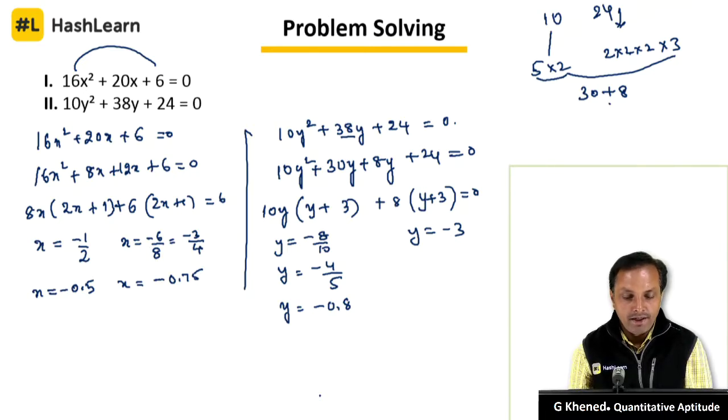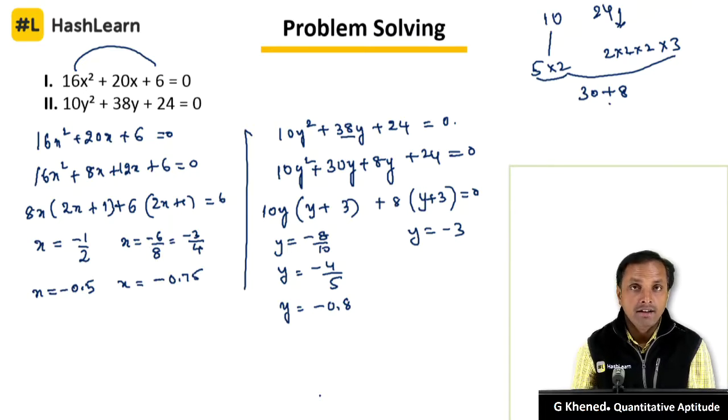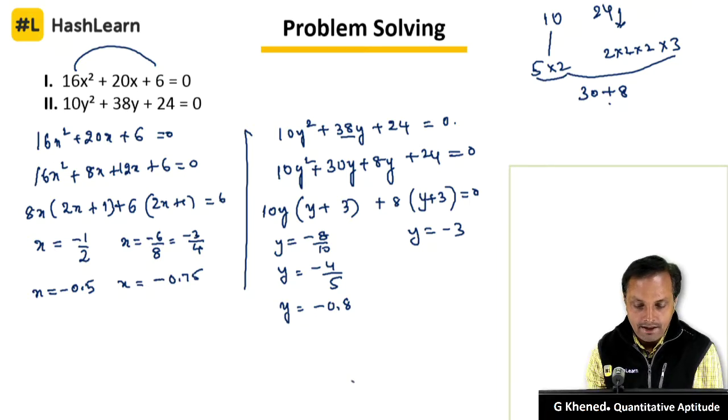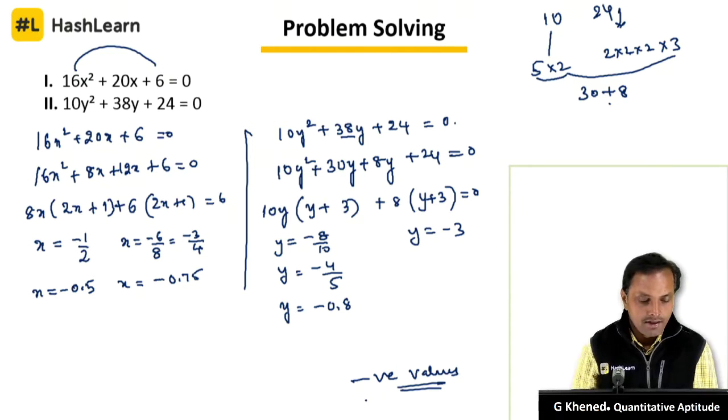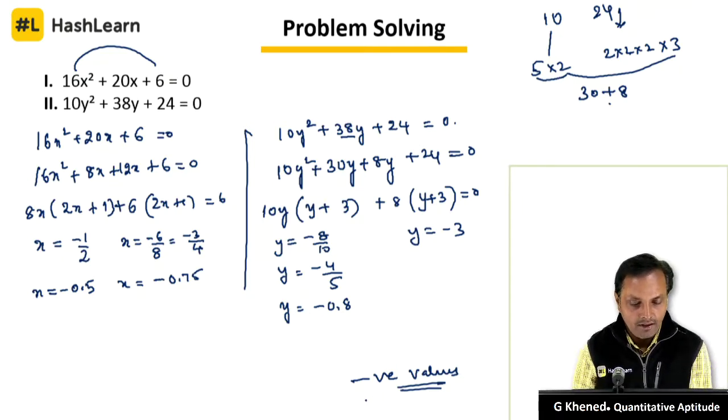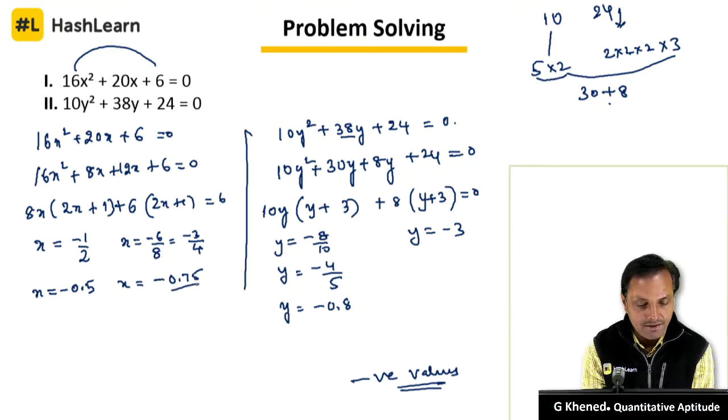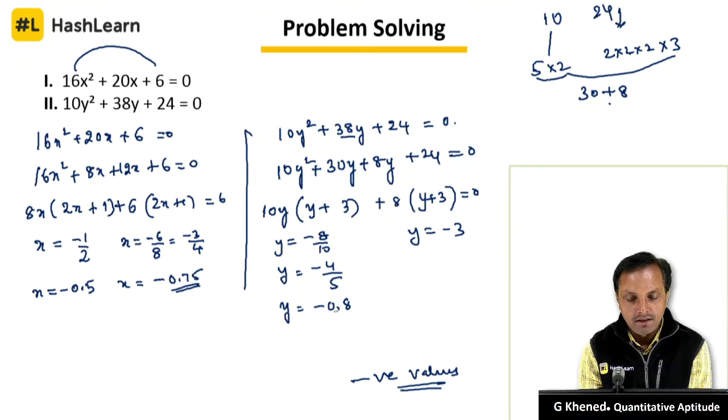So, what are you observing here? You are observing, see, when you have negative values, the smaller number will be the bigger. So, you can always see here minus 0.75 is bigger than minus 0.8.